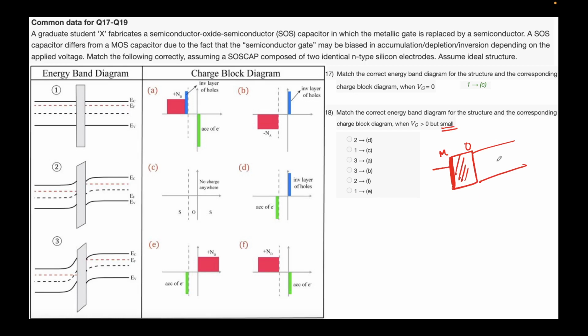So how will the charge profile look like here? Let's draw that also. Metal is positively biased, so this positive sheet charge will be here. It's metal, oxide, and inside the semiconductor the electrons would have accumulated here. What I'm drawing here is Q versus position. So that's how it will look. It's accumulation.